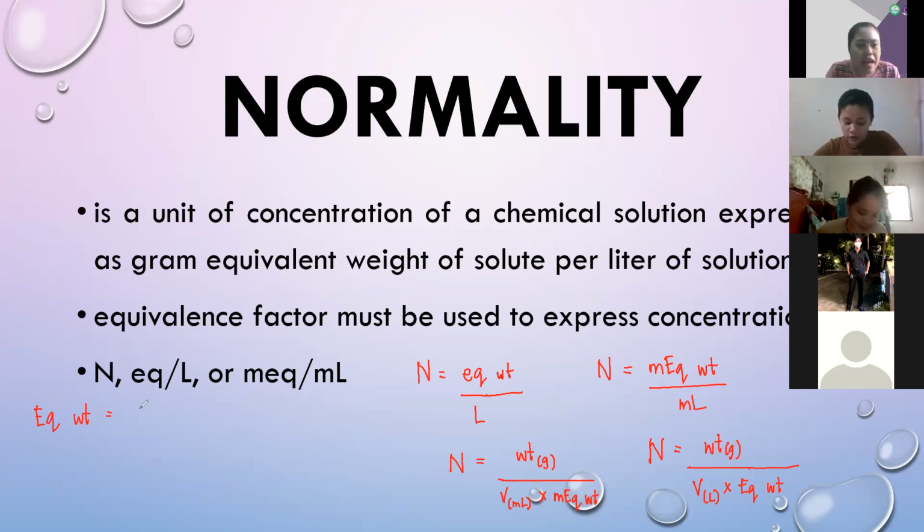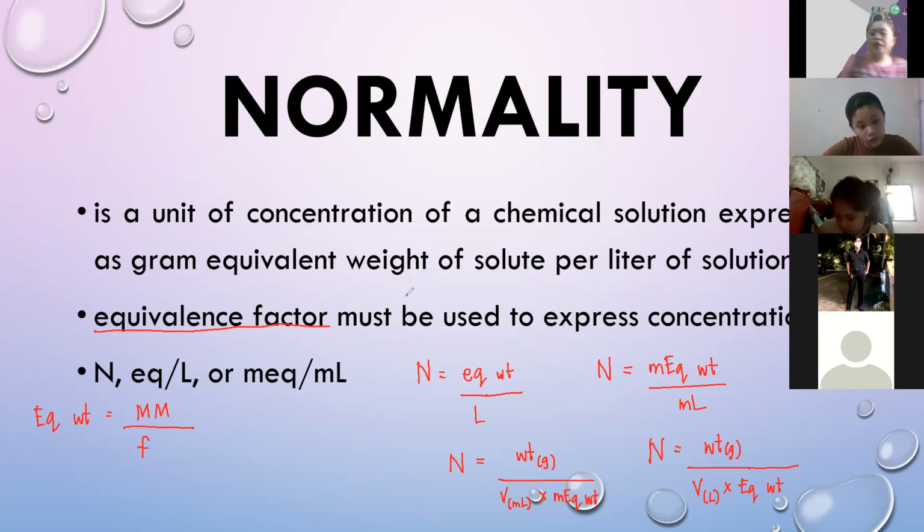Yung ating formula, equivalent weight is equal to the molar mass divided by the F. The F class is called the equivalence factor. Okay? Later, I will also teach you how to determine the equivalence factor. Normality is a bit more complicated, actually way more complicated compared to molarity and molality.